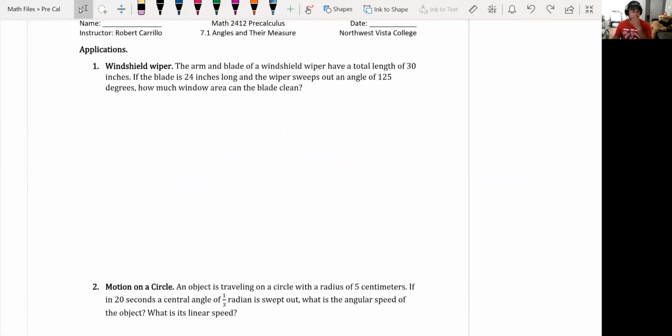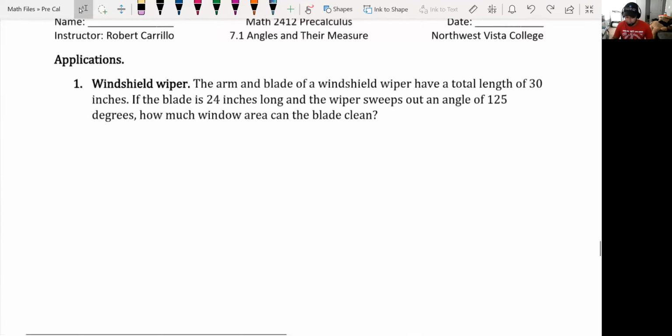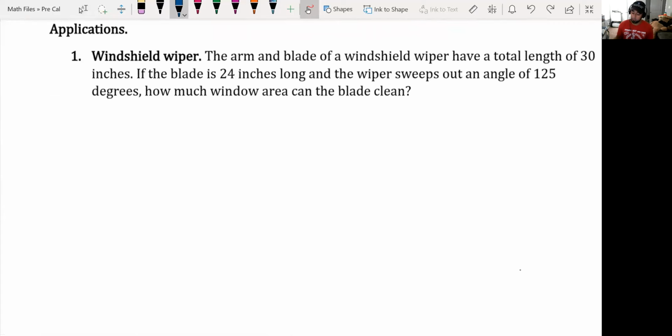Last two questions. Applications. The arm and blade of a windshield wiper have a total length of 30 inches. If the blade is 24 inches long and the wiper sweeps at an angle of 125 degrees, how much area can the blade clean? I don't care, right?